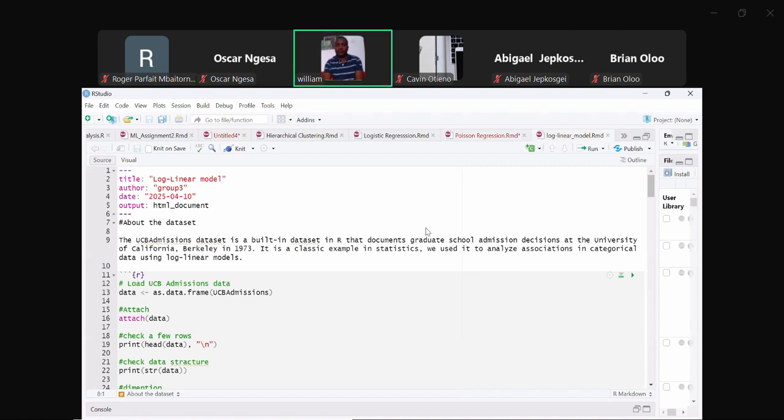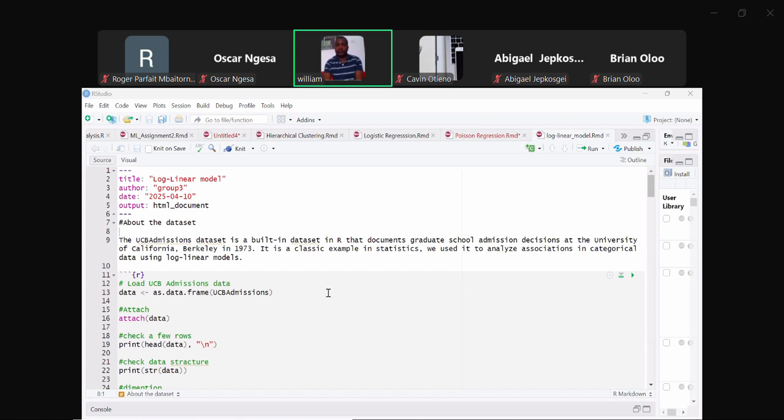So I'll be a bit brief. In this case, as we have seen, log linear model is basically used when we are trying to do prediction on categorical dependent variables, not independent variables. So we are trying to see whether the UCBAdmissions dataset can give us a better way to handle this model.